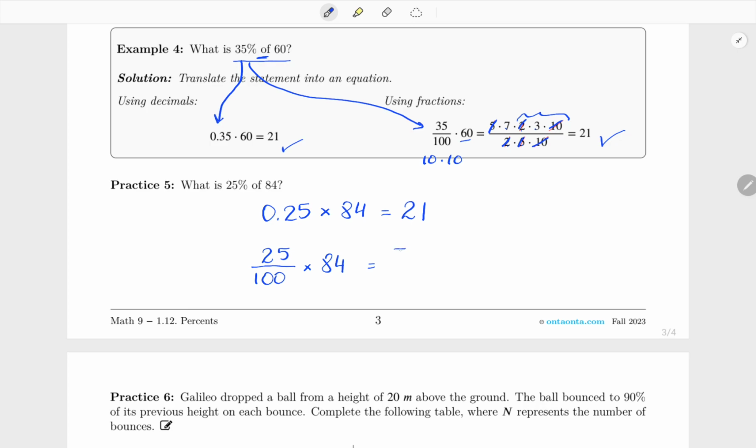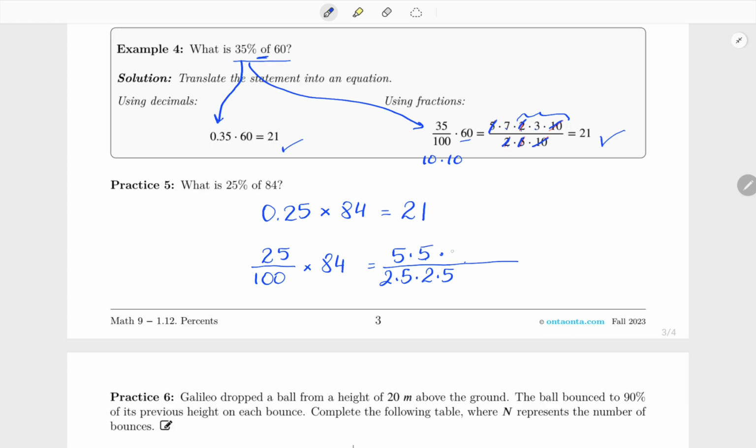Now 25 is 5 times 5, and 100 is 10 times 10. But since we want to cancel out the 5, let's split 10 into 2 times 5. 10 times 10. Now 84.